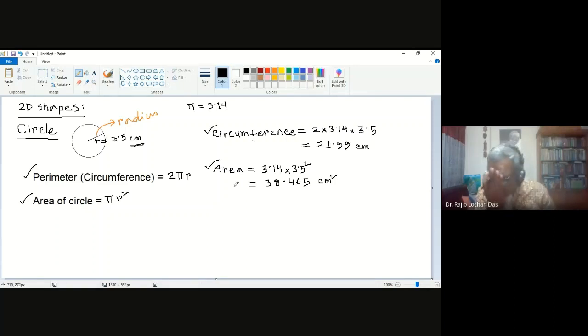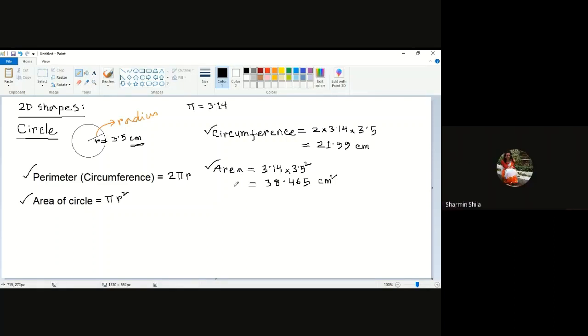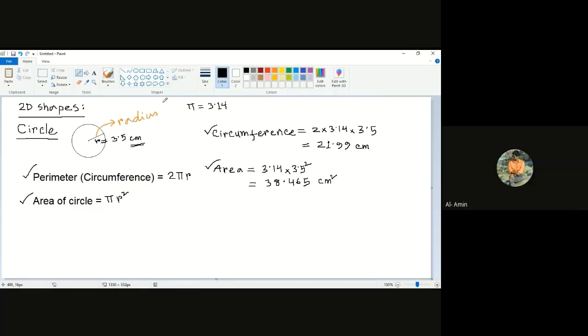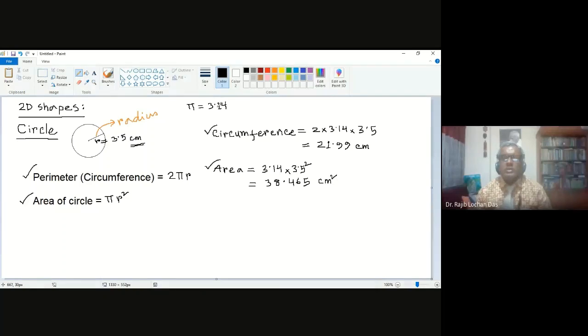So is this okay now? Yes, sir. Okay, good. Sir, I have a question. What is radius in Bangla? Bash is diameter. Radius is basher ব্যাসার্ধ অর্ধেক. Bash is diameter.